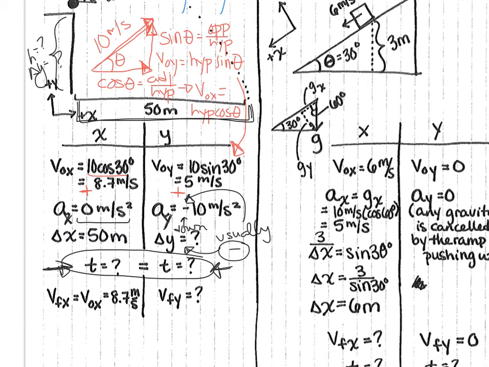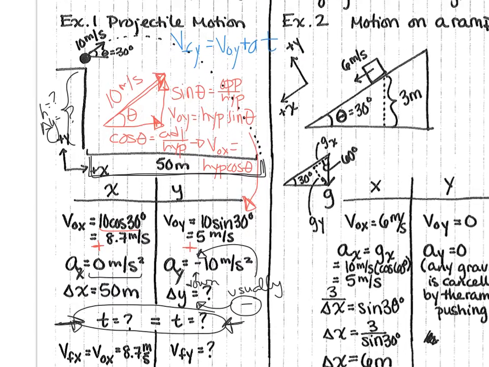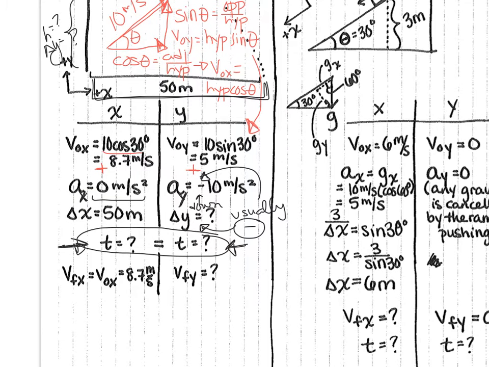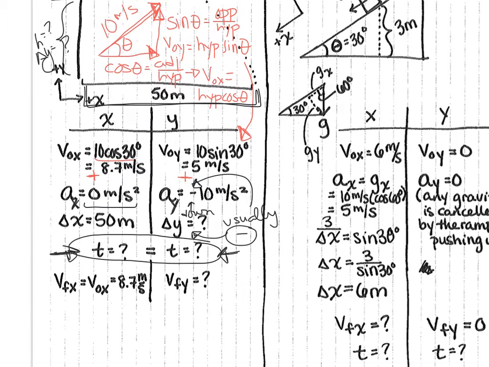And it hasn't told us in this picture how much time the object was in the air, so that's also an unknown. We know from physics laws about projectile motion that velocity in the x direction is constant. So my final velocity in the x direction is the same as my initial velocity in the x direction. It's 8.7 meters per second. But velocity in the y direction does change.